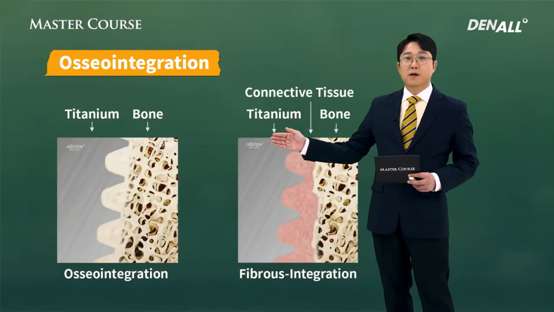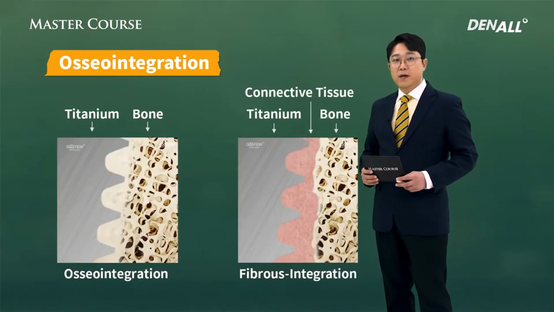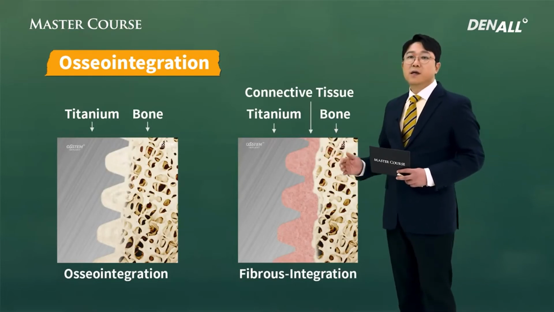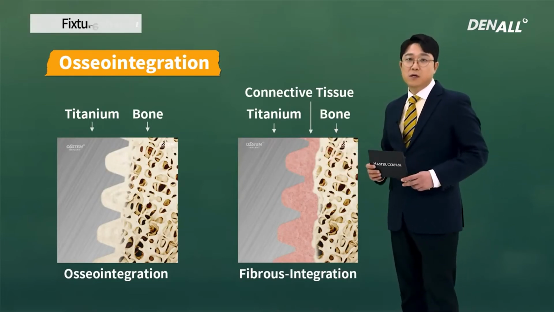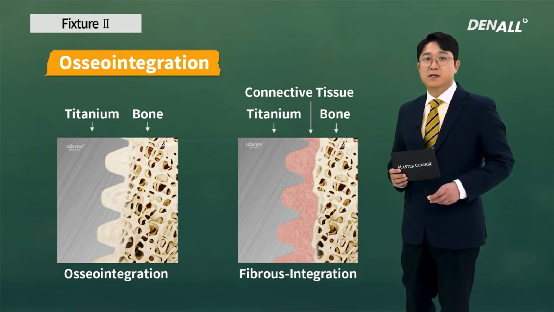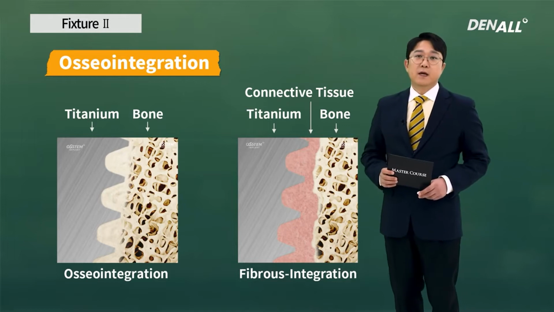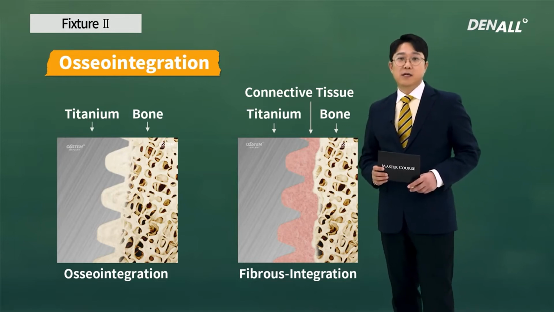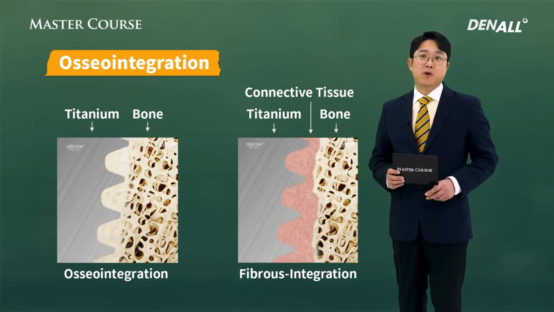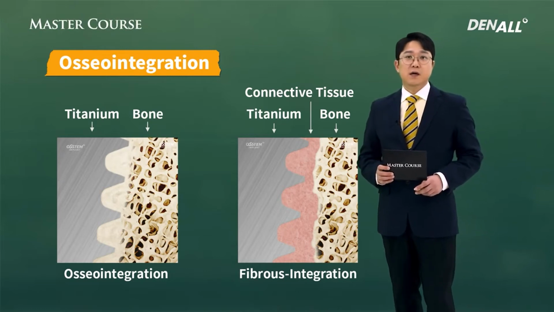On the left-hand side, when titanium attaches to the bone, osseointegration is achieved. On the right, when connective tissue is inserted between the two, fibrous integration is achieved. When the Brånemark implant came out in the United States, the blade-type implants were used from the company called Linkow.